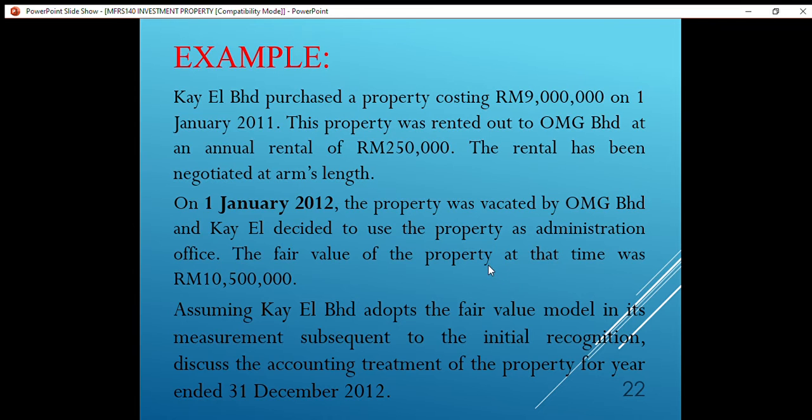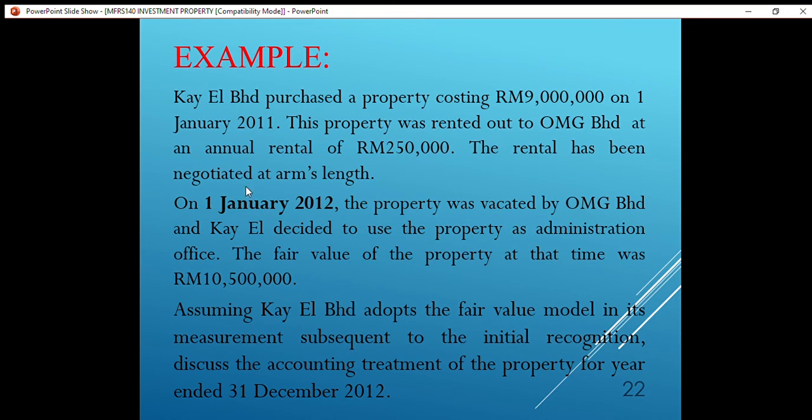Okay, let's have a look at this example. KL Berhad purchased a property costing RM 9 million on 1st January 2011. The property was rented out to OMG Berhad at an annual rental of RM 250,000. Okay, the rental has been negotiated at arm's length.